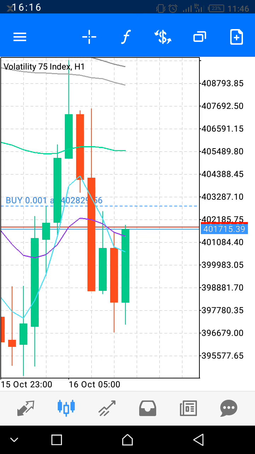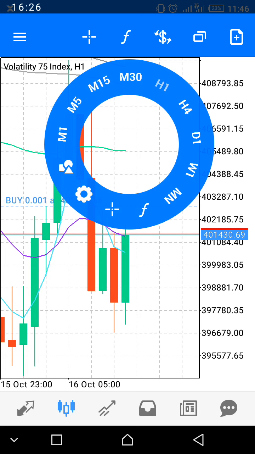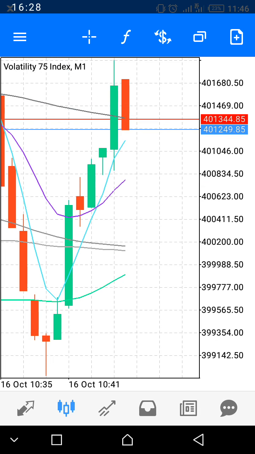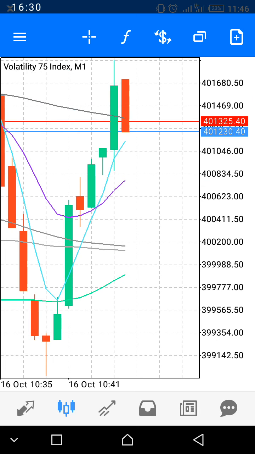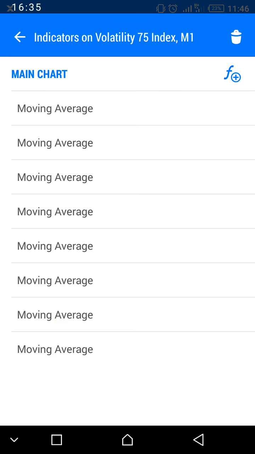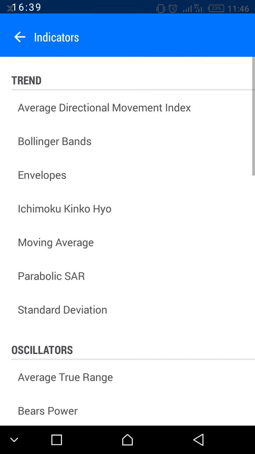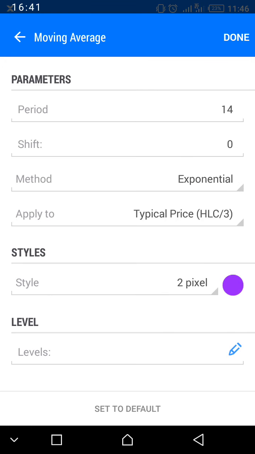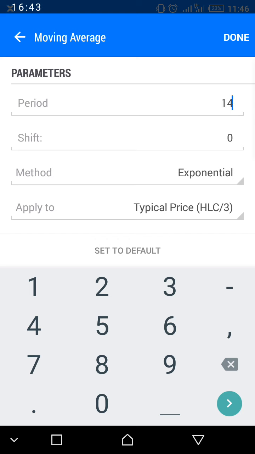Okay, let me continue. The next MA, a very important MA, is the 2 SMA.